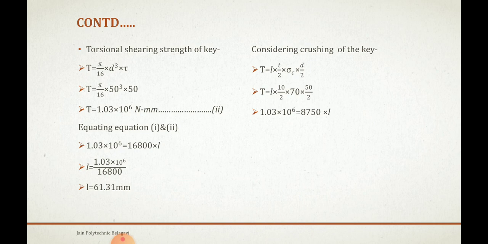Upon solving, you will get 1.03 into 10 raised to 6 equal to 8750 into L. So using crushing as the criterion, you will get the value of L as 117.7 mm.